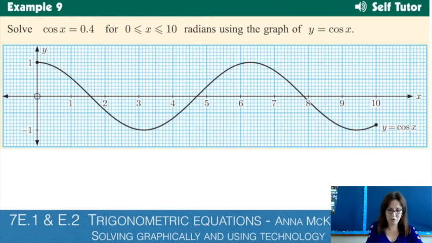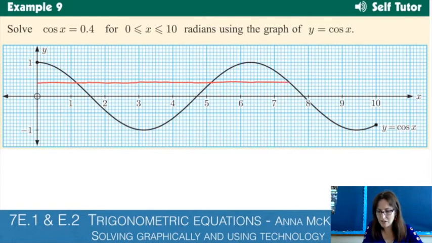So I'm going to attempt to draw that. Up at 0.4 here, there we are, not too bad, using an iPad pencil here. And looking at the intersection of the red line and the black line, that's essentially the answers that you're after. Where do they intersect? All right, so our first one would be the point of intersection here, that is, you read off the x value.